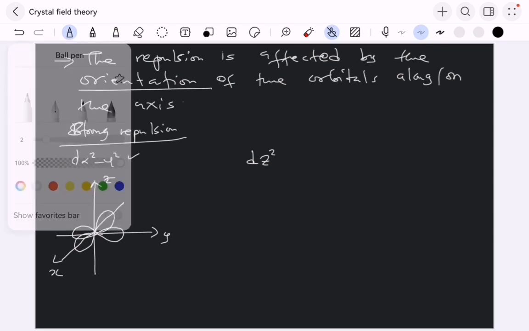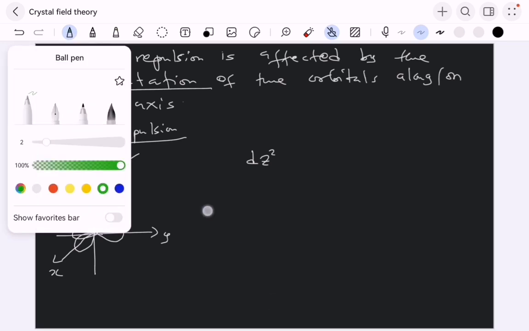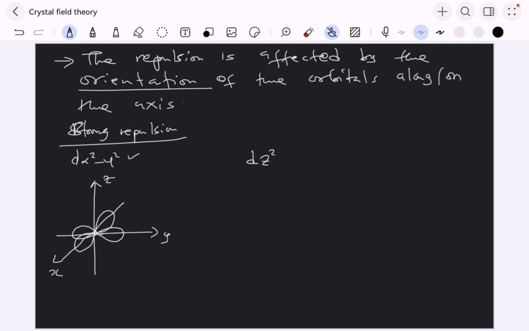So according to this theory, these tend to experience a very high repulsion because ligands also interact with them in that particular orientation. The ligands will interact with the electrons of the d orbital along that particular axis. Because of that interaction, there is an electron repulsion which enables these to occupy a higher energy level.